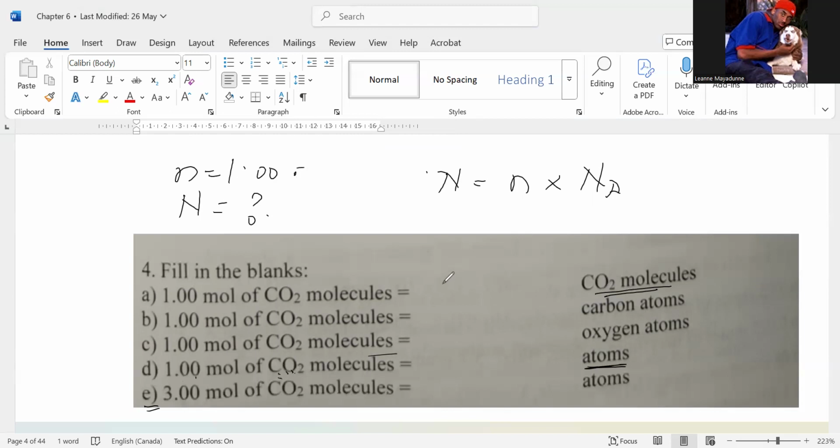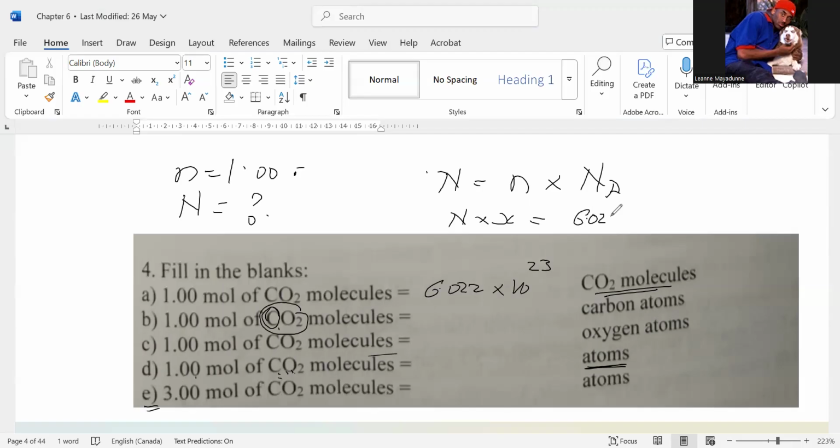So the answer here would be 6.022 into 10 raised to 23. Then, 1 mole of CO2 molecules is dash carbon atoms. Now one molecule contains one carbon atom, correct? So this will be N multiplied by X.